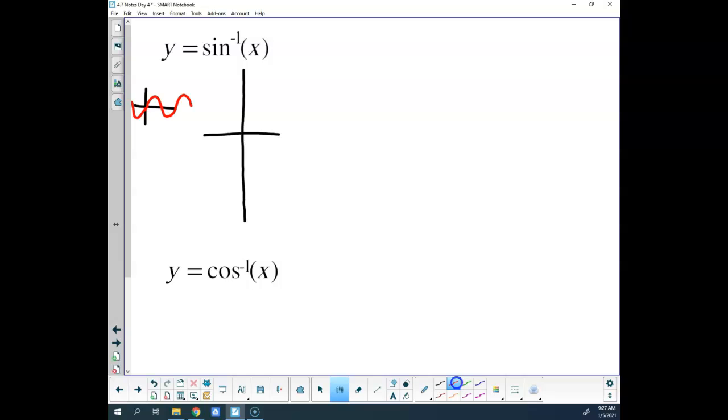When we invert that to the inverse sine function, now I gotta remember which way it goes. There was our inverse sine function. I should say, this is our inverse.